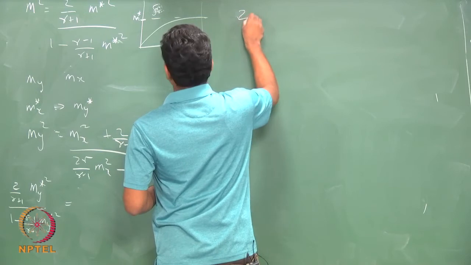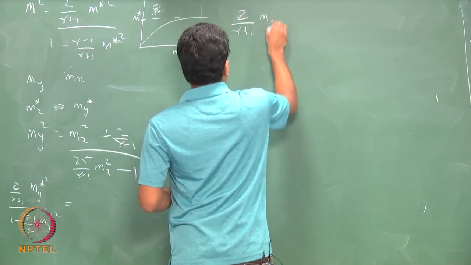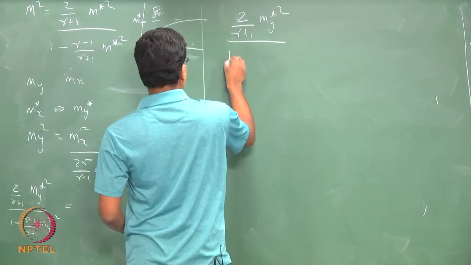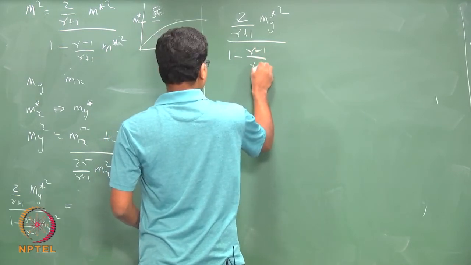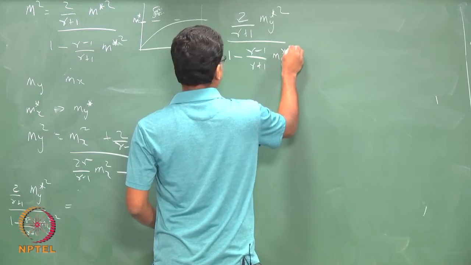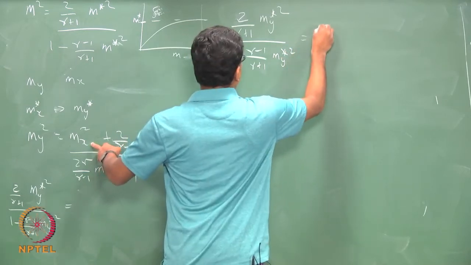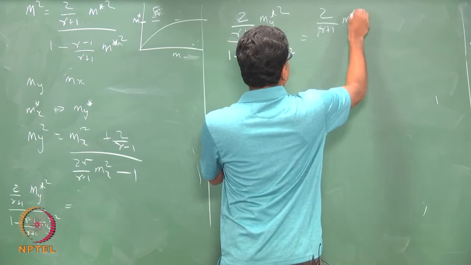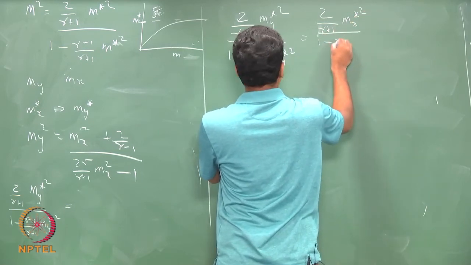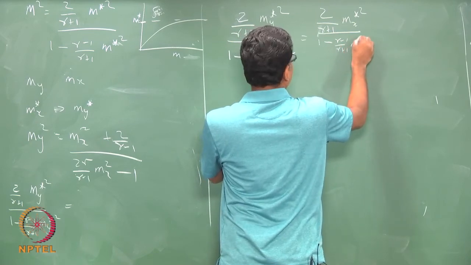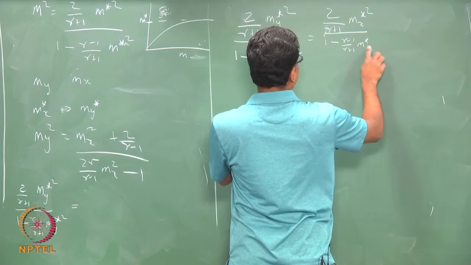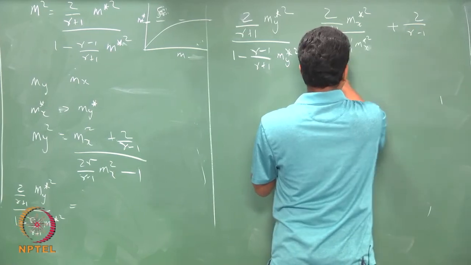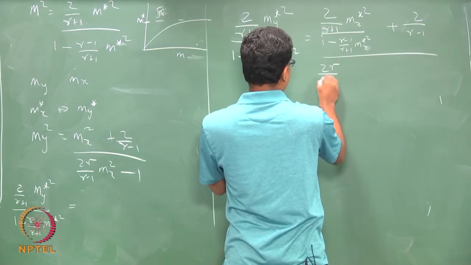So this would be 2 by gamma plus 1 My star square divided by 1 minus gamma minus 1 by gamma plus 1 My star square equals, instead of My, I again write this: 2 by gamma plus 1 Mx star square divided by 1 minus gamma minus 1 by gamma plus 1 Mx star square, plus 2 by gamma minus 1, all divided by 2 gamma by gamma minus 1.